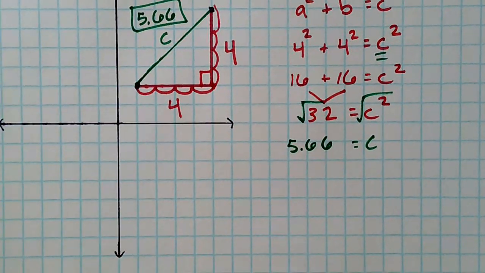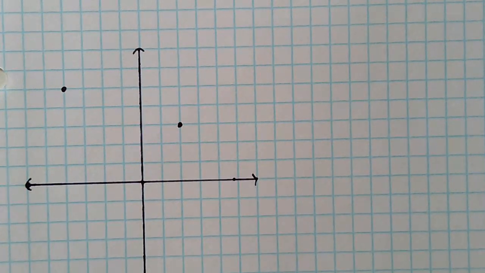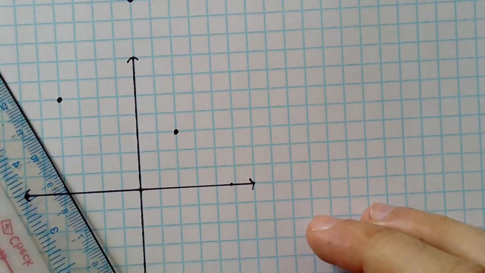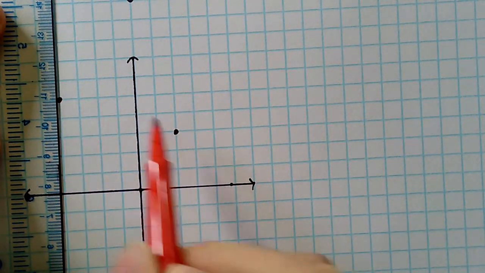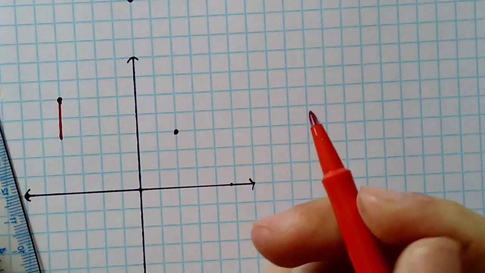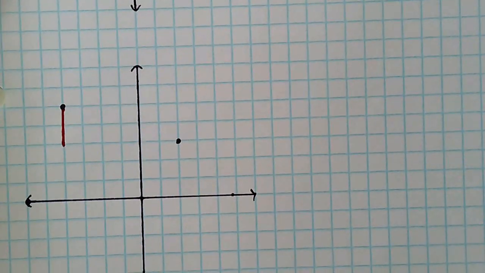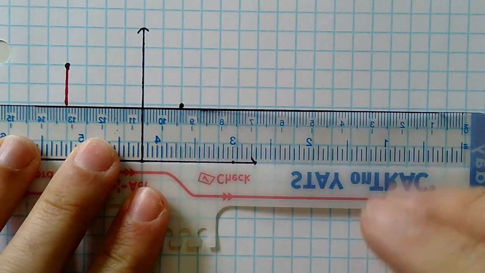All right, let's look at another one. Same idea. I'm not going to worry about any numbers as far as their ordered pairs. I'm just going to look for that right triangle. I can draw the right triangle anywhere I want as long as I'm drawing the legs. I could draw it below the points or above the points. I'm going to stick with below again. So there's a leg, and another leg.